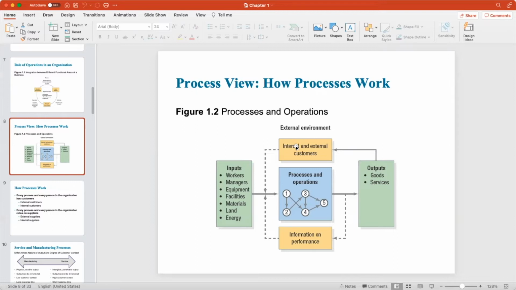No matter internal or external feedback, it will go back to the beginning of the whole operational process. And the managers or the workers will decide whether they would like to improve certain perspectives in order to make it more satisfactory or of higher quality for the customers. So this is the whole operational process, which is very standard and straightforward.